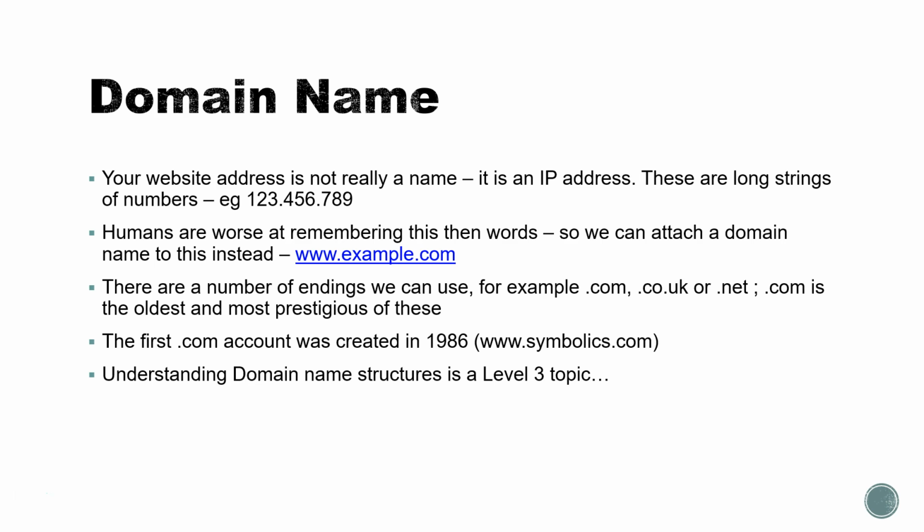But you've seen in the past that there are various different other types of domains: .co.uk, .net, .ac.uk, and so on. .com is the oldest, most prestigious, and the oldest .com account was created in 1986 as a computer company called Symbolics. These guys are no longer in existence, unfortunately. I believe they went out of existence in about the mid-1990s. But yeah, 98. So it's not very old at all. I believe it's 32 years at the time of recording.